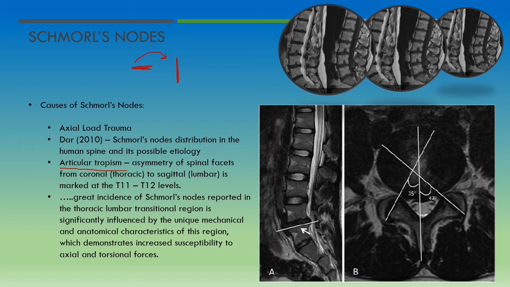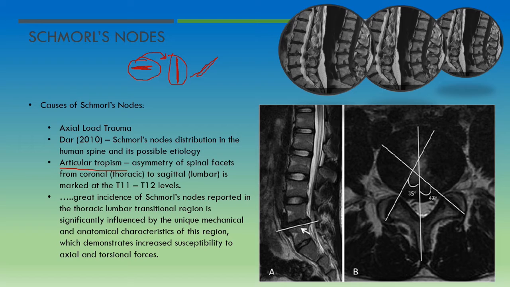So you might have one articular facet that's oriented coronally, whereas the other articular facet may be oriented more sagittally, or in some orientation midway between coronal and sagittal, or in some orientation where there's a differential orientation of the articular facets.